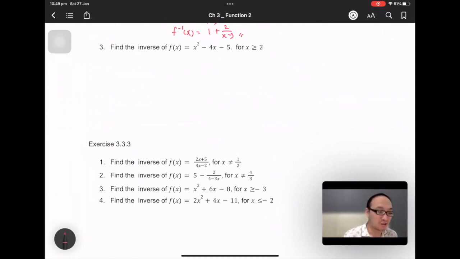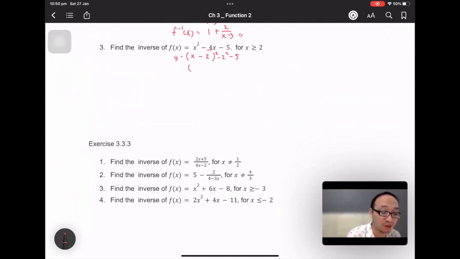So if we do the completing the square, it will be x minus 5, x minus, this is minus 4, so it becomes minus 2, so x minus 2 squared. So this will be y equals x minus 2 squared minus 9.